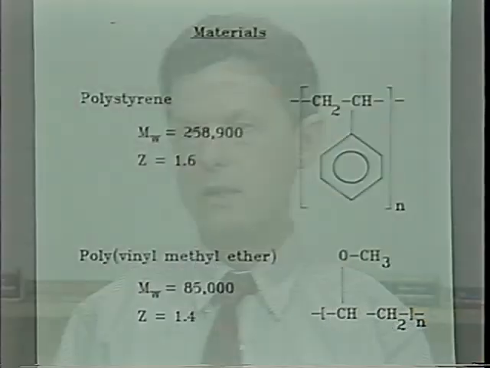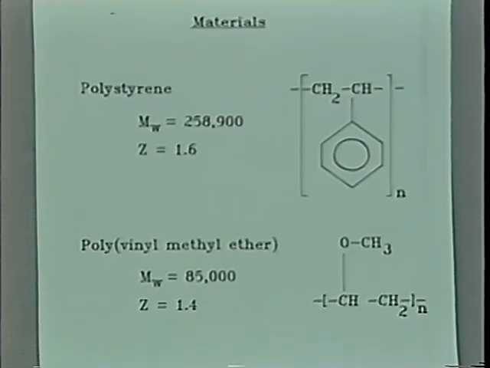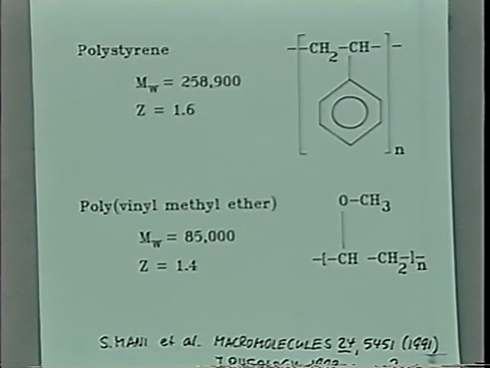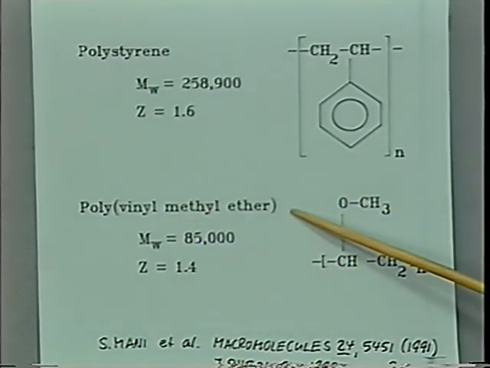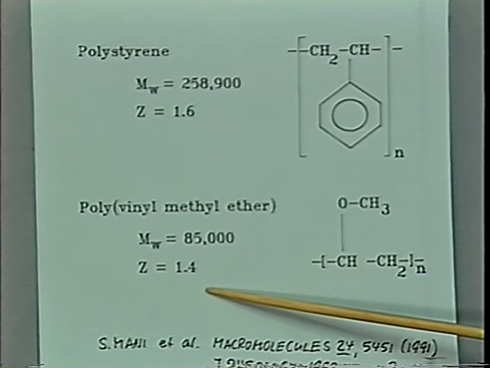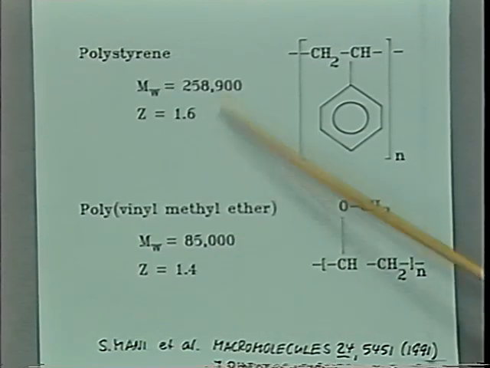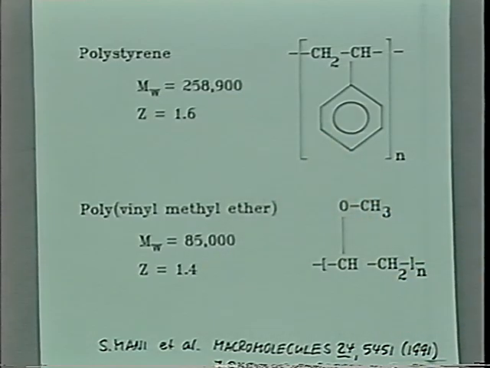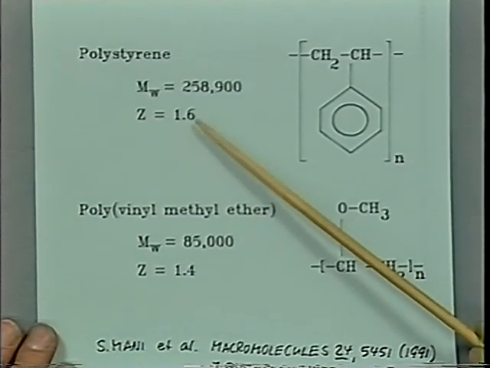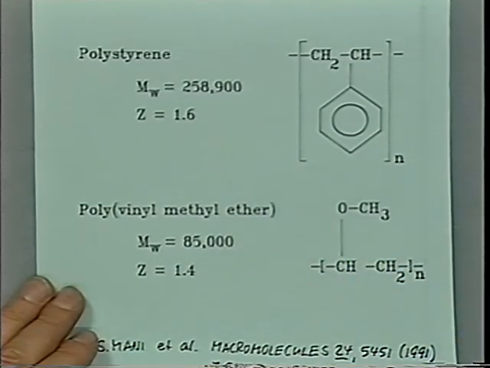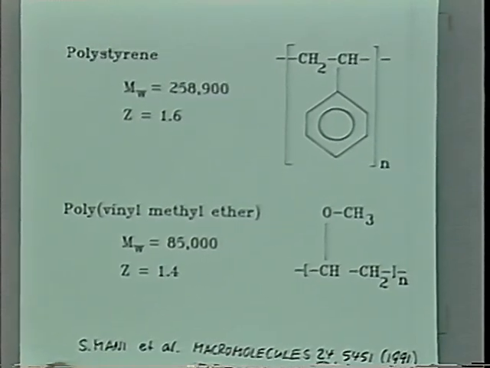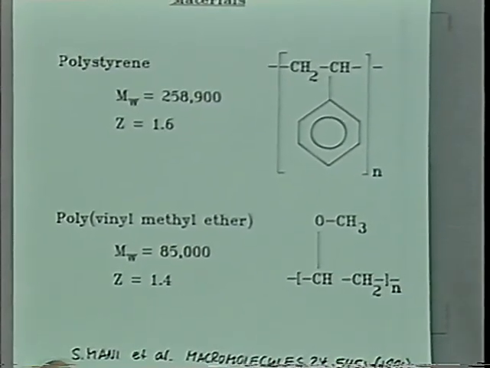The system which we used consisted of polystyrene, fairly broadly distributed, because the partner, the second polymer, which we were using, the polyvinyl methyl ether, is not available in our distribution. Ideally, we would like to have both components of very narrow molecular weight. But here, they are fairly narrow, but not perfect in that sense.